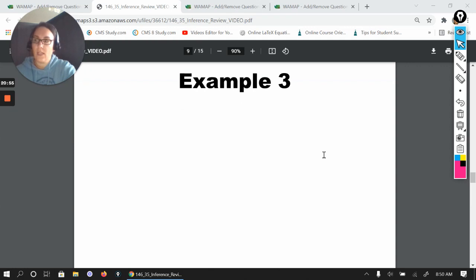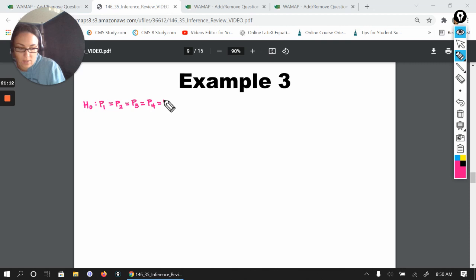So let's go ahead and write down all the other information that we would want to set up. We're going to write our hypotheses statements first. The null hypothesis would say that the proportion of rolling a 1 is the same as the proportion of rolling a 2, is the same as the proportion of rolling a 3, and so on.